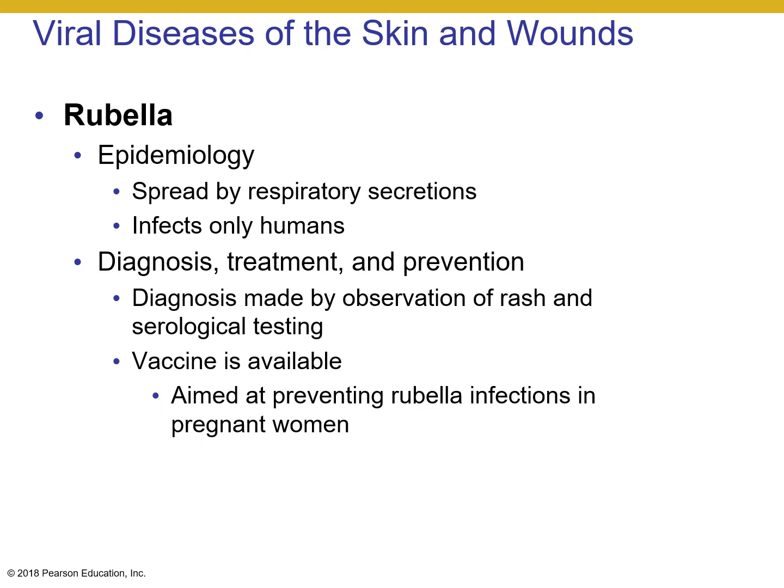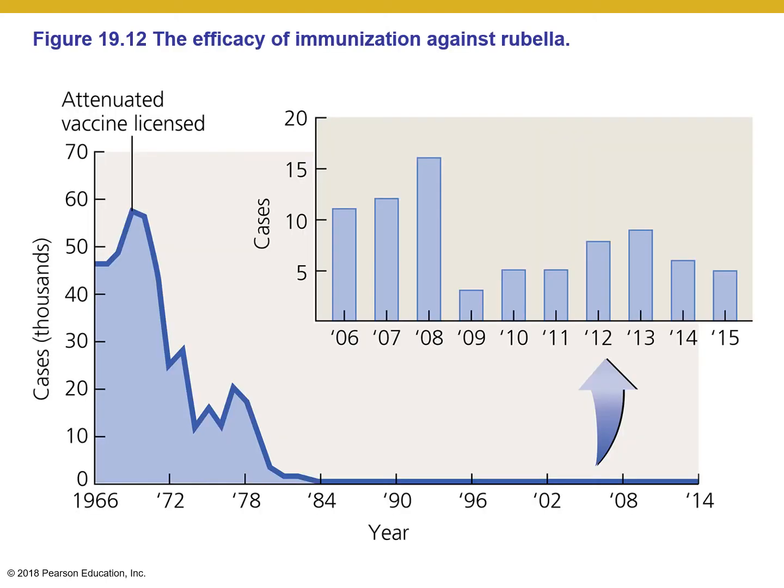Spread by respiratory secretions, cough, sneeze, infects only humans. It's diagnosed by the rash. And like I said before, we have a vaccine, so we really don't need to see any more of this disease.